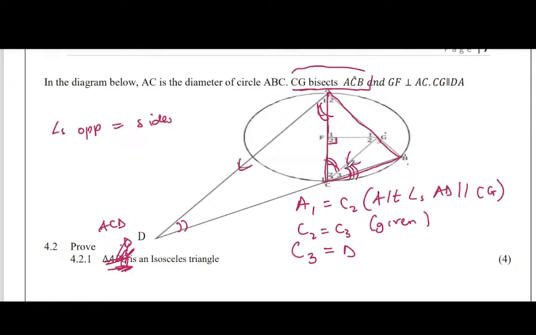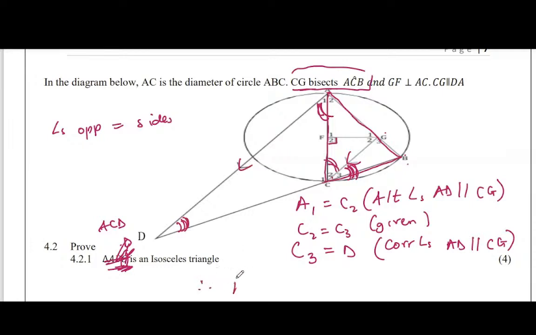So it's saying C3 is going to be the same as D because we know that those are corresponding angles, because the same lines AD will be parallel to CG. So if that is true, we know that this angle was the same as this angle, but the same as this angle as well.